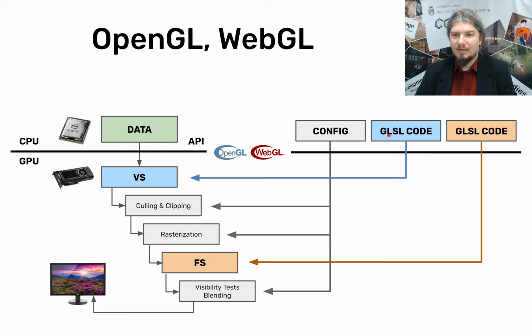And you have to send along with the data a GLSL code for the vertex shader. The other steps here are also configured, so you can configure these different culling and clipping modes, visibility test, blending, and we'll see all of that throughout the course. And maybe the most important thing you send is the GLSL code for the fragment shader.